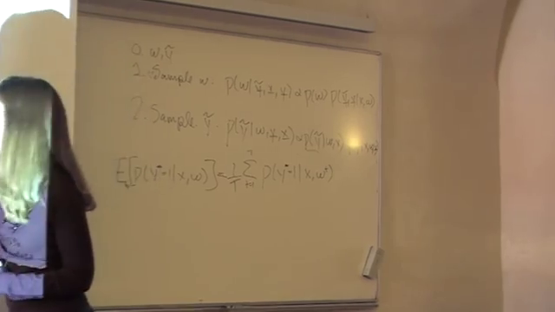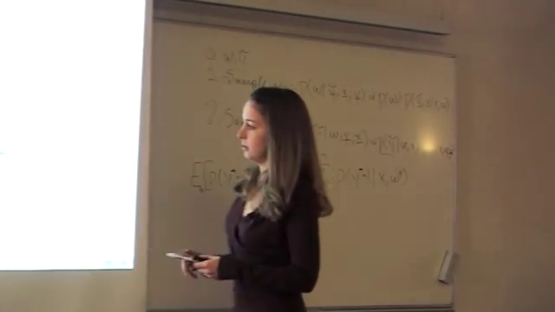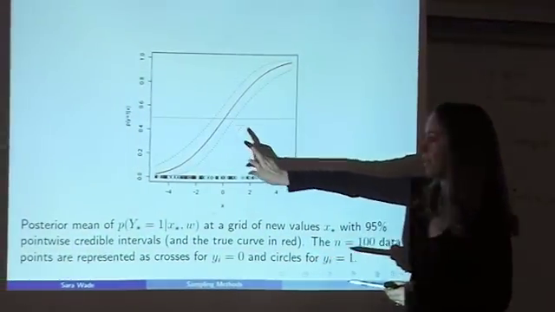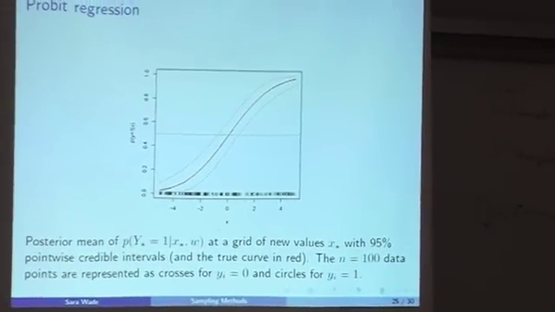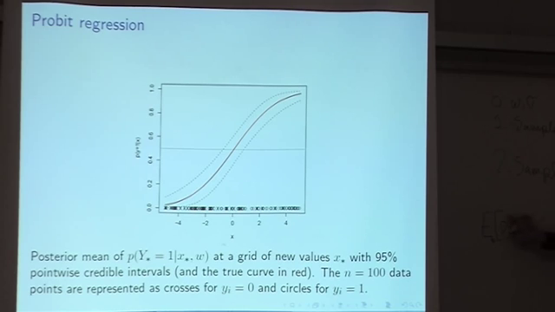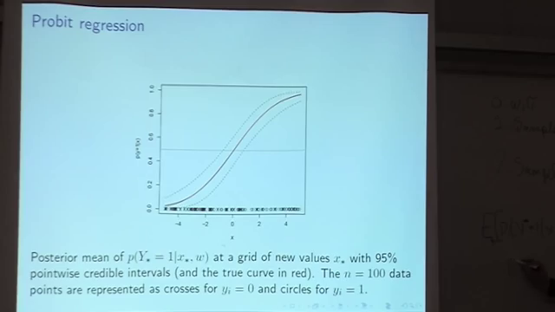In this case, we have a pretty good fit to the true curve. The dashed lines give the point-wise 95% credible intervals. We could consider this to be a random function, p of x, taking values in the unit interval. It's random in terms of w.